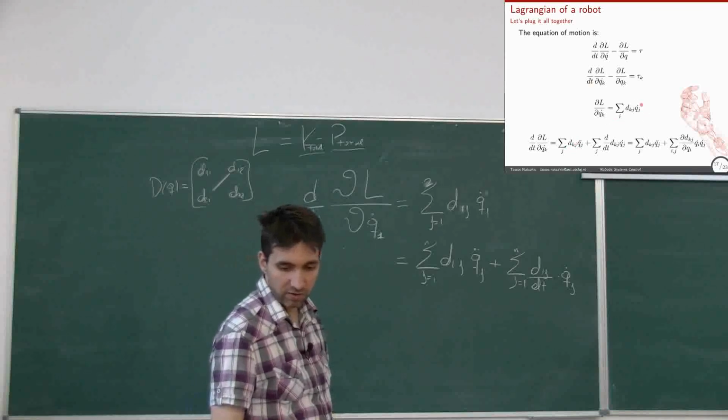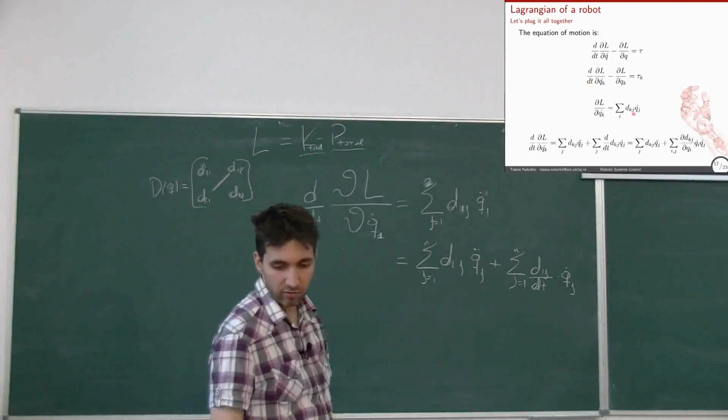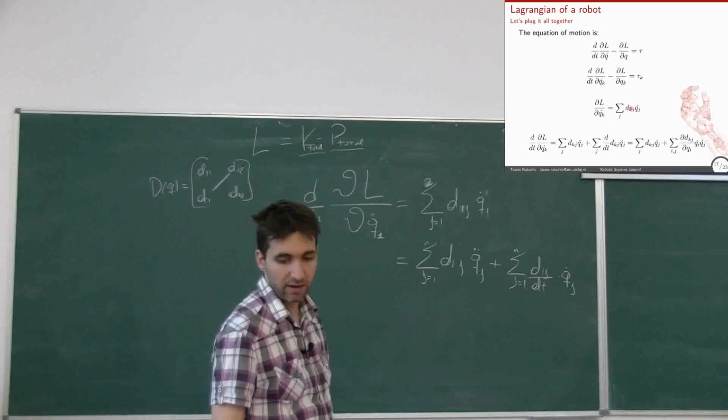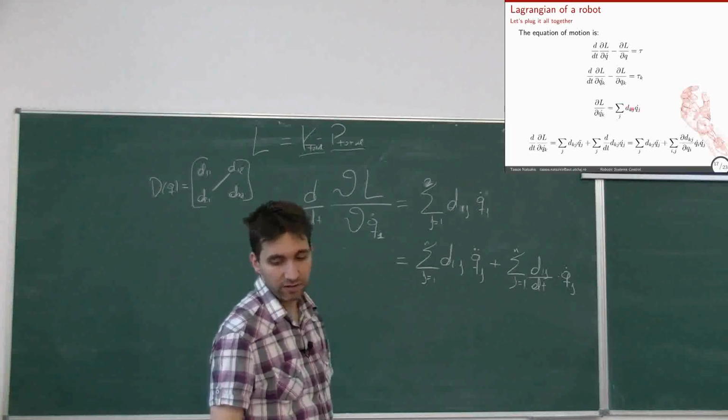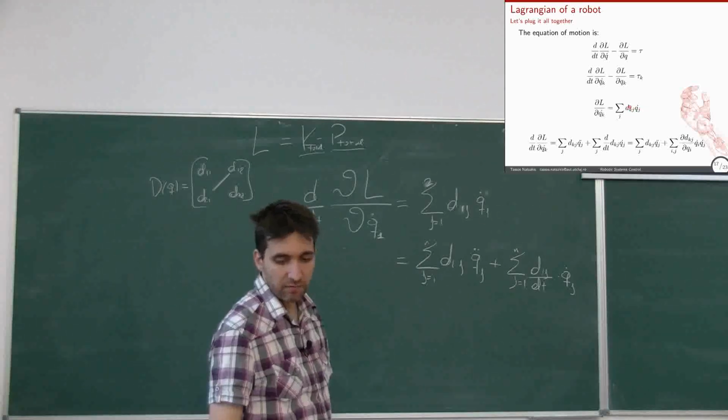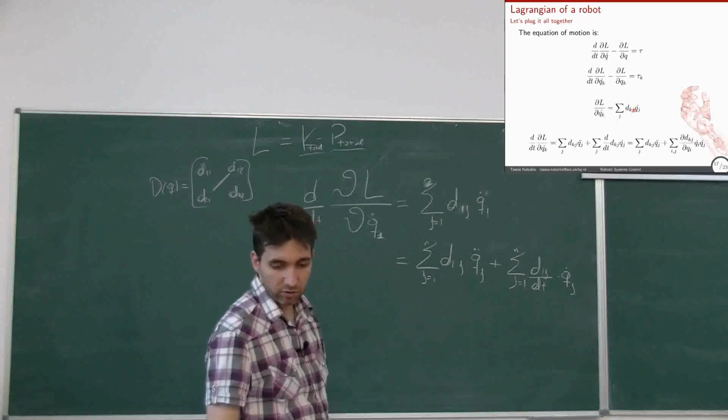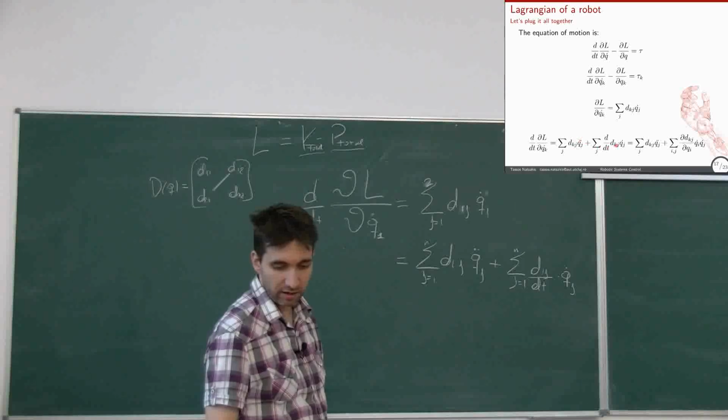The derivative of this with time is the derivative of q dot times this, and the derivative of this times q dot. Okay, so that's why I get the 2 dots here, and then I have the derivative of this over time, or another way to write it is like this.